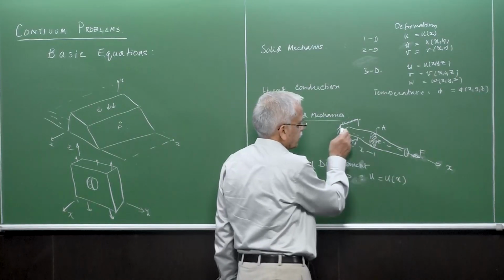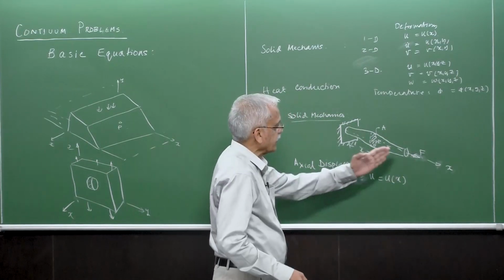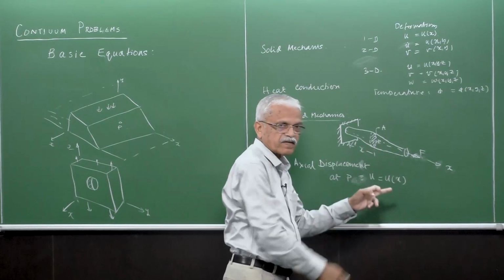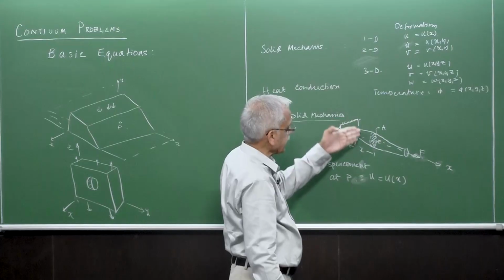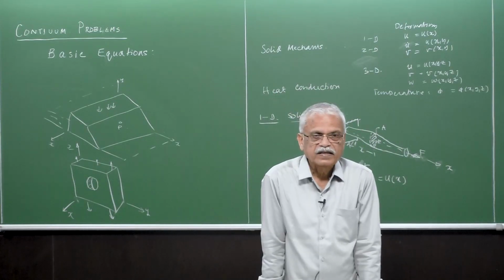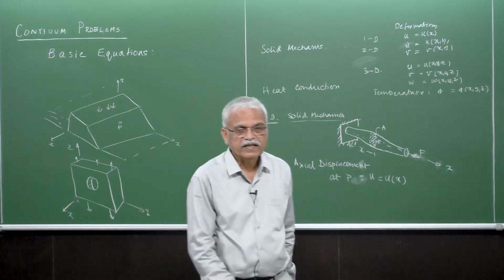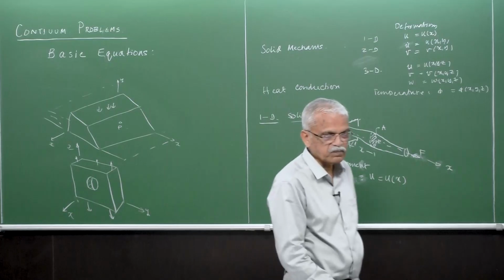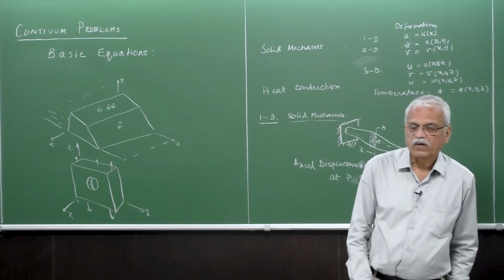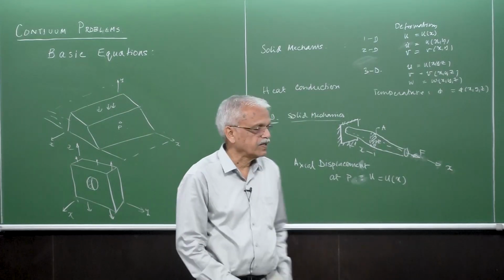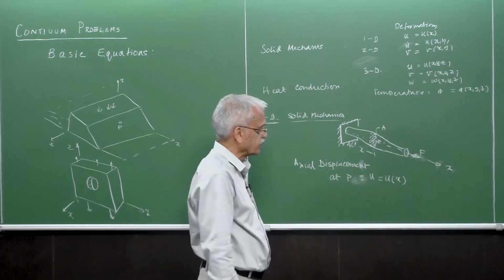For example, this may be made of two materials: in the first half one material, in the second half another, but at each cross section it is the same material. That you can easily handle, and that is the power of FEM. Even if the material changes from point to point, not microscopically, but definitely if it changes, finite elements can handle it.